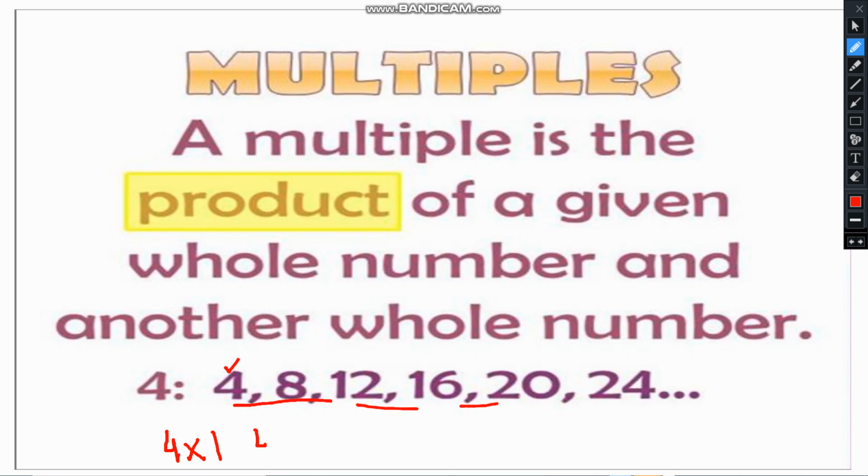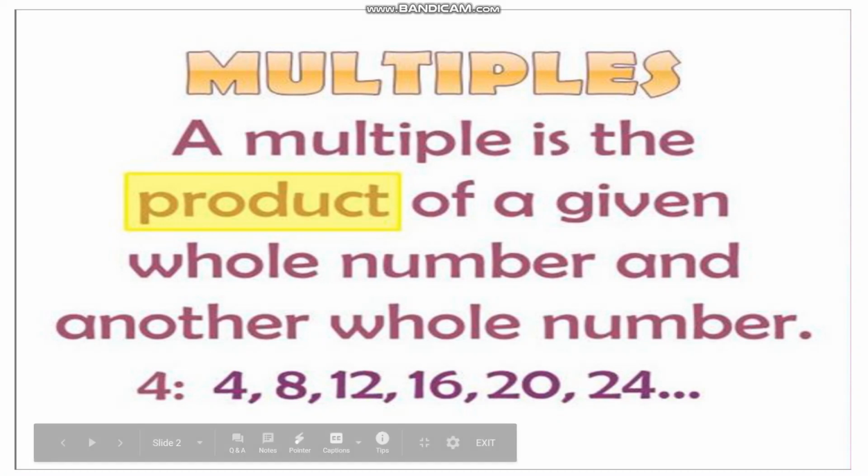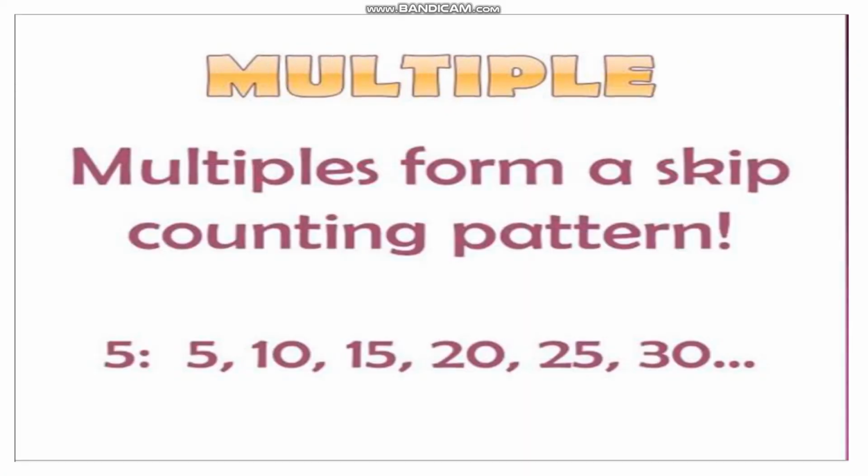When we have multiplied one whole number with another. So one whole number is 4 and the other one is 2. So when we have multiplied 4 into 2, we got 8. So this explains this definition that a multiple is the product of a given whole number and another whole number.